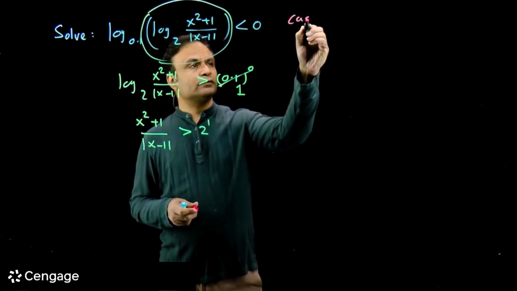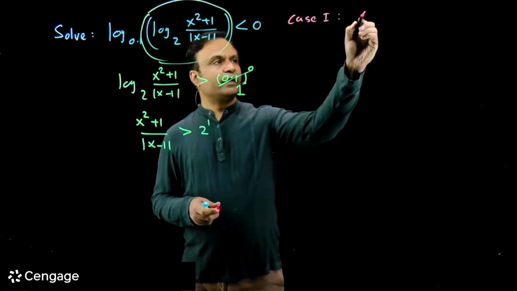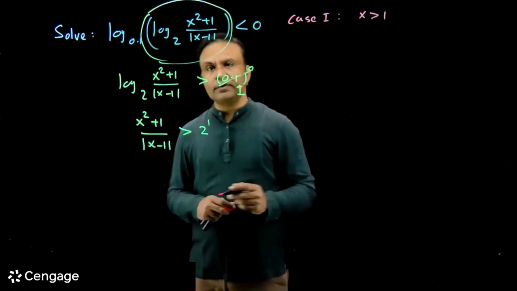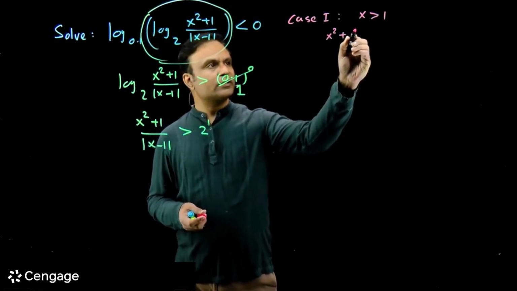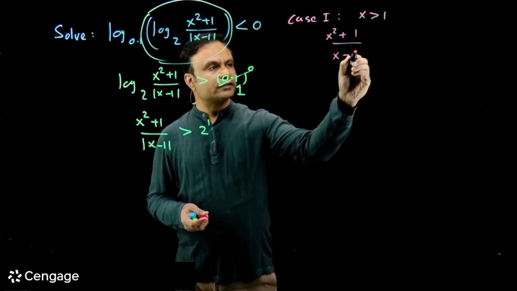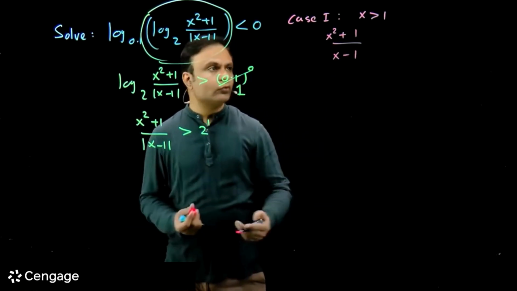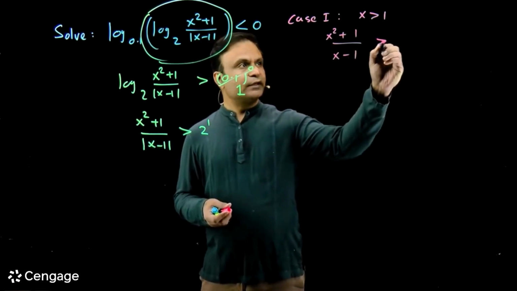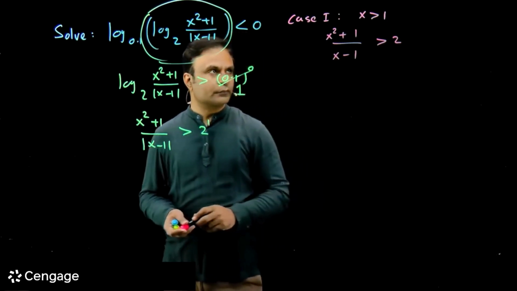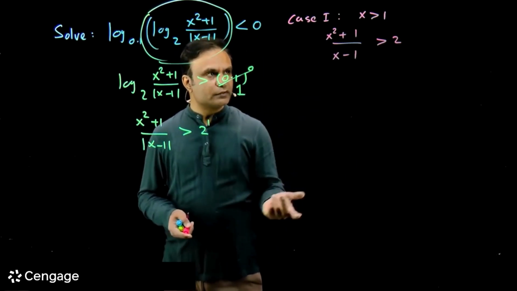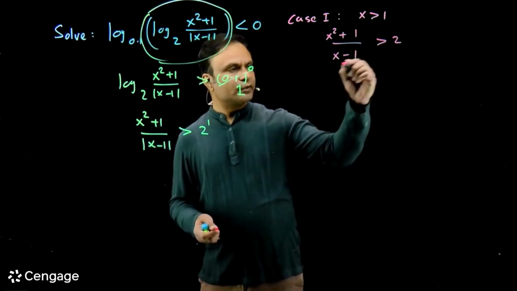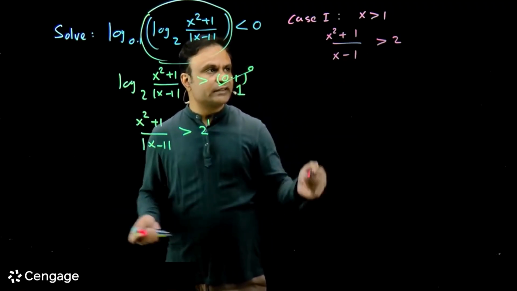Case 1, when x is greater than 1, at that time mod x minus 1 will be x minus 1. जब भी मॉड्यूलस आता है तो आप जानते हैं कि हम केसेस लेते हैं, जिससे हम मॉड्यूलस को रिमूव कर सकें. This is greater than 2. Now simply x is greater than 1, so x minus 1 is positive. So we cross multiply with x minus 1 without changing inequality.